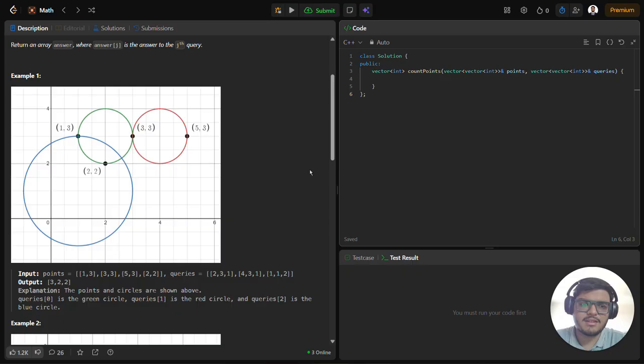Instead of checking if the distance is less than or equal to r, we check if dx squared plus dy squared is less than or equal to r squared. Same condition, no floating point, no square root, just pure integer math, which we have done in 11th, 12th maths also. So basically we are using that here also.